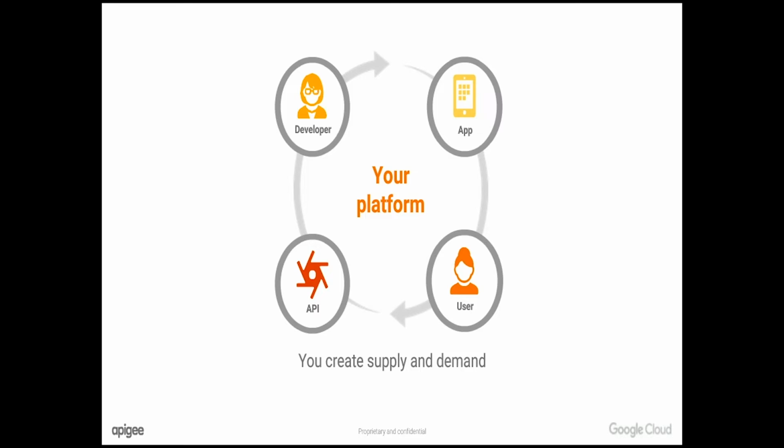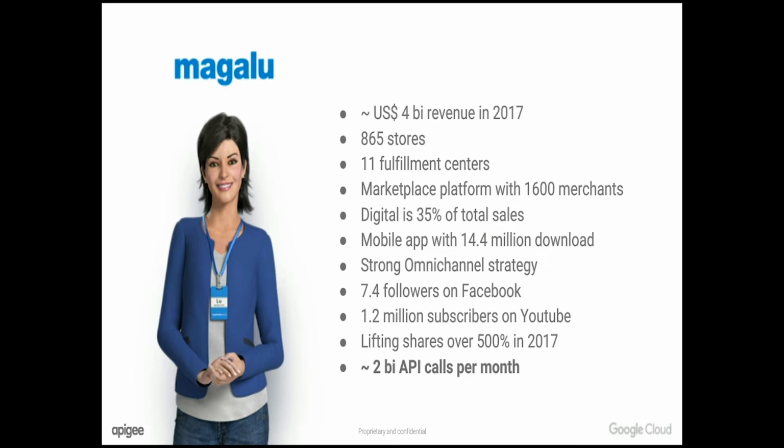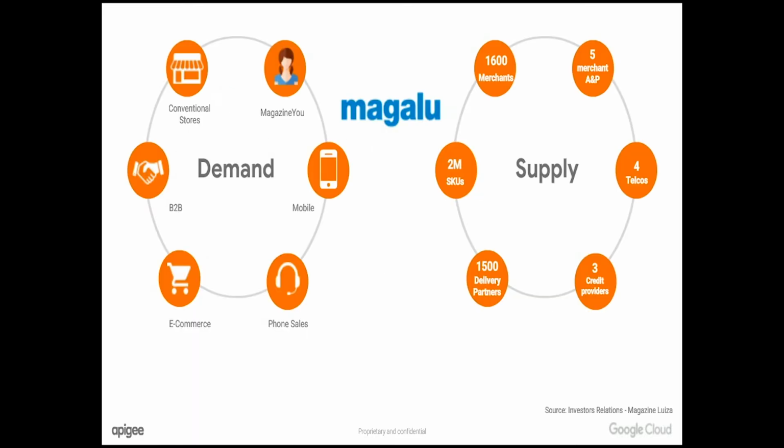To give you an example, Magazine Luiza is an extremely large retailer in Brazil with over $4 billion of revenue. What Magazine Luiza realized is that they can obviously sell the stuff that they have through their standard retail channels, which any good e-commerce based company would do, and obviously APIs help them. But what they realized was something even stronger.